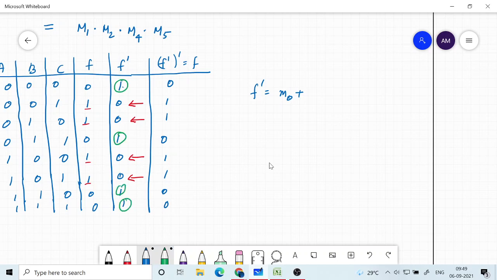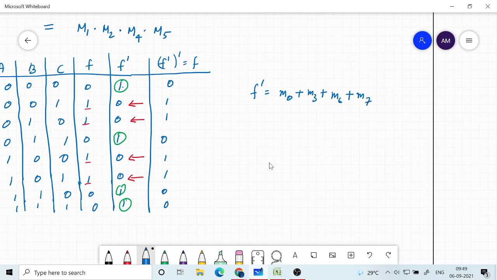So this is m0, and then you have basically 0, 1, 2, 3, m3, and then it is 1 for m6 and m7.